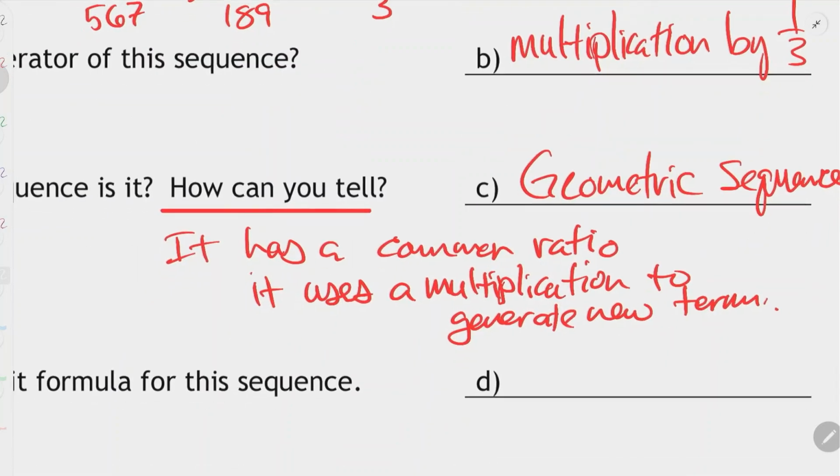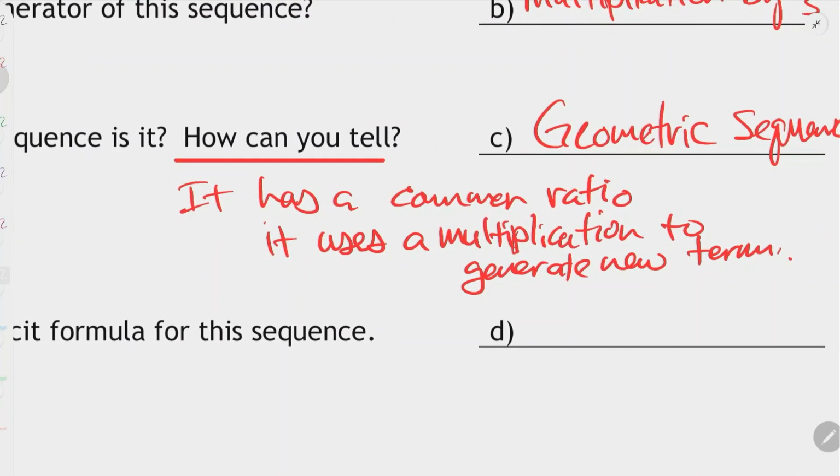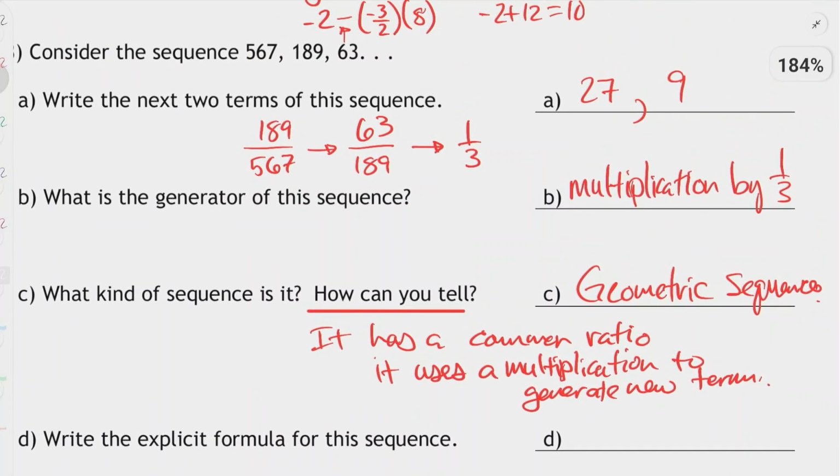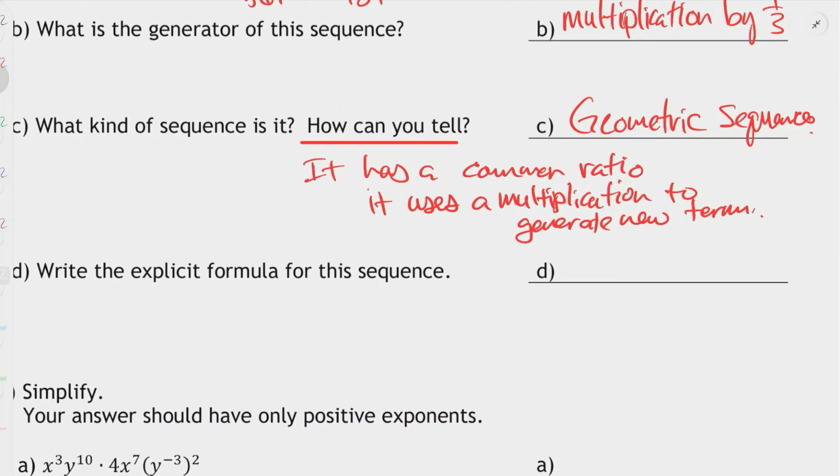And then finally, we're asked for what's the explicit formula for this sequence. Well, the explicit formula does need to know what the 0th term is. I know that the first term is 567. So if I want to go back and figure out the 0th term, I can either divide by 1/3, or I can take 567 and multiply it by 3.